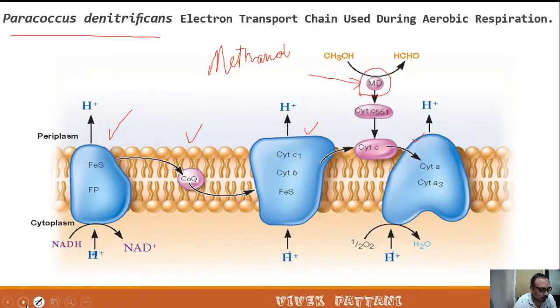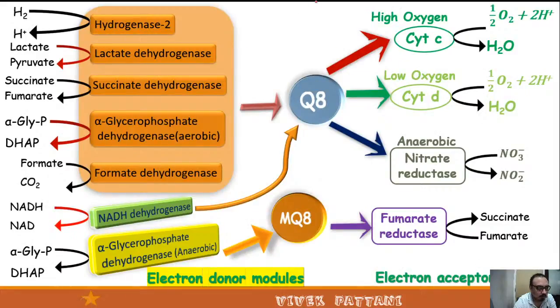So now I am going to move forward with the type of electron donor modules and electron acceptor modules in the case of aerobic conditions and anaerobic conditions. These are the expected molecules. There may also be different modules which work.